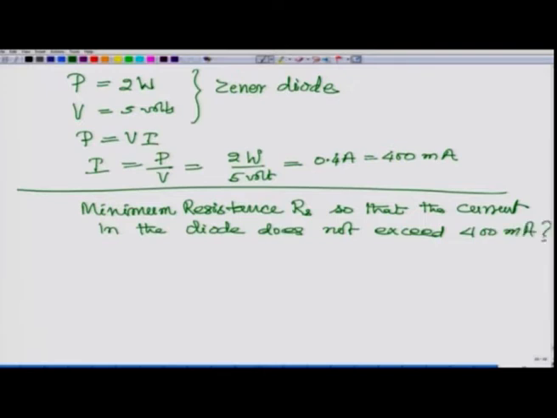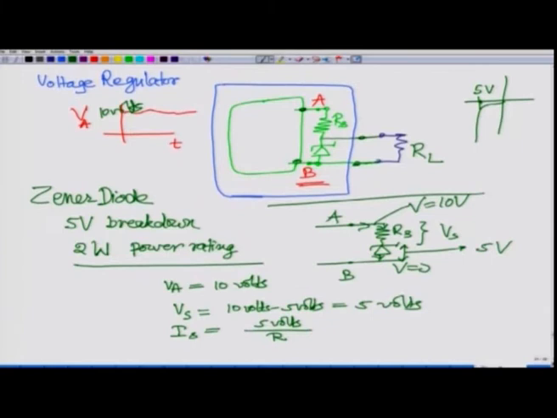So, what is that RS? How do I get that? Very simple. The voltage across RS is also 5 volt in this condition, right. The voltage across RS here is also 5 volt because this is giving me 10 volts, this 5 volt is here, the remaining 5 volt is here.